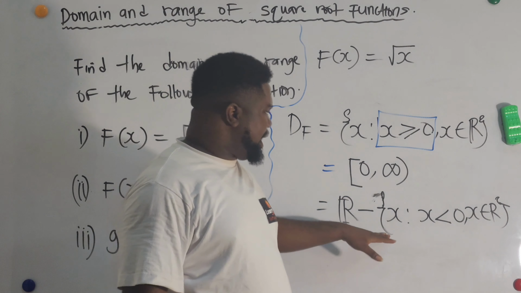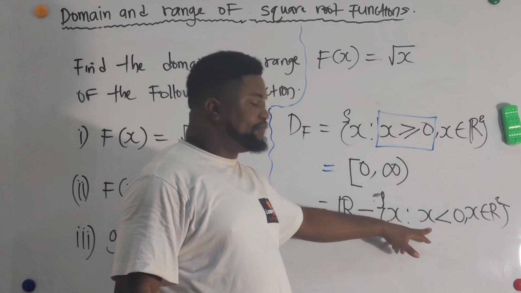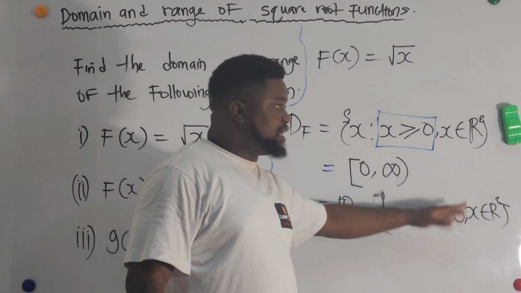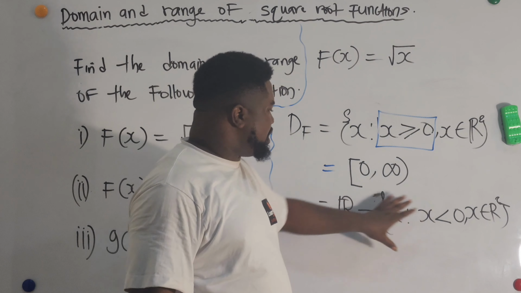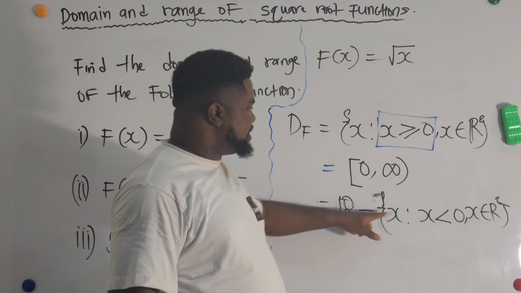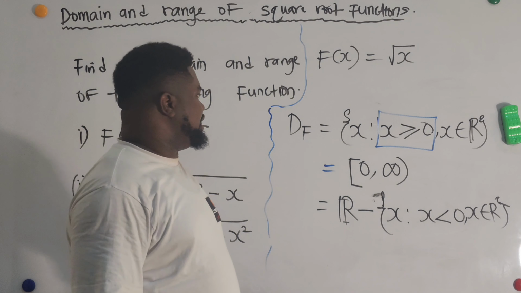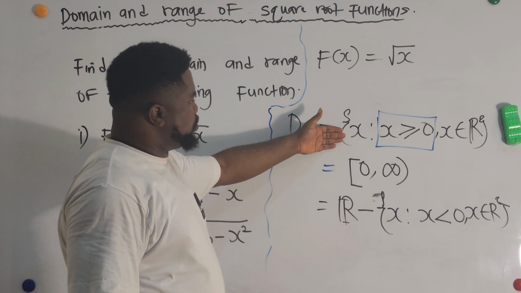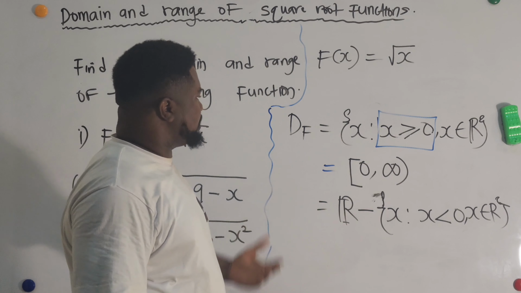This part will make it undefined. Numbers less than 0 are negative numbers. They will not work. So everything will work except this part. This way the domain can go like this one or this one.